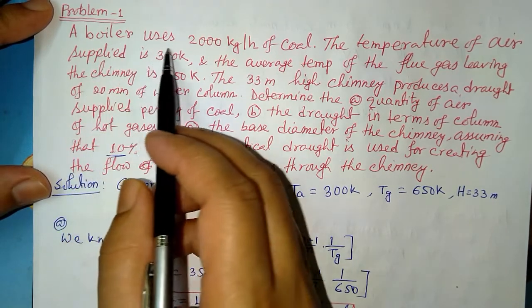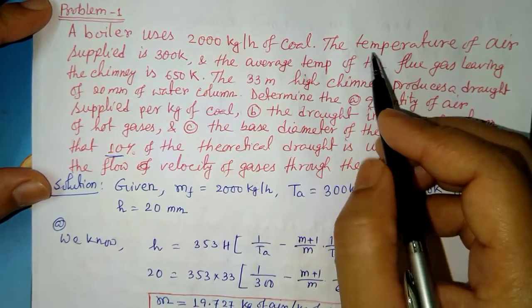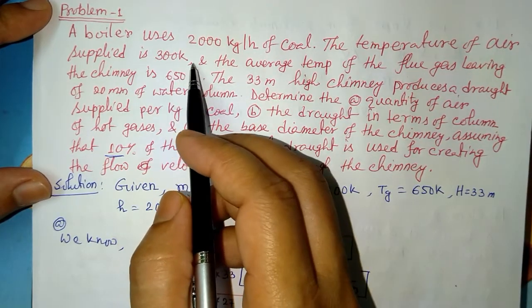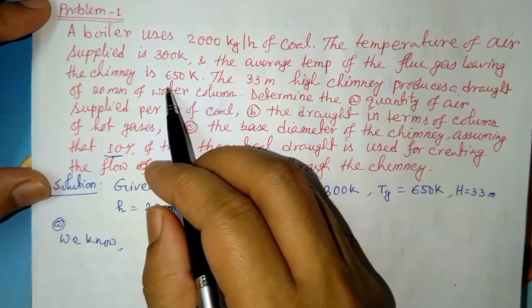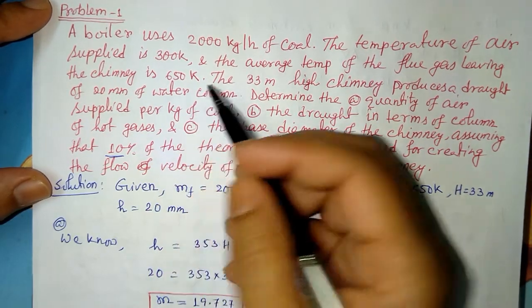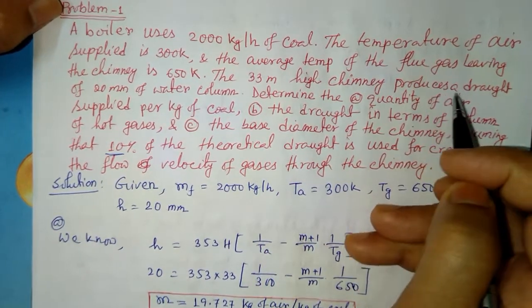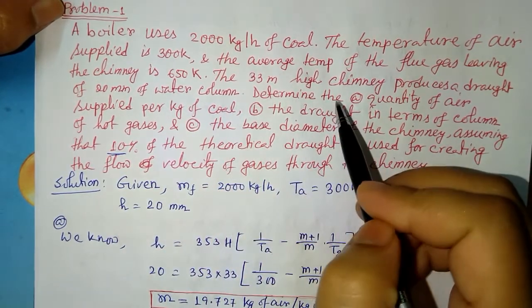A boiler uses 2000 kg per hour of coal. The temperature of air supplied is 300 Kelvin and the average temperature of the flue gas leaving the chimney is 650 Kelvin. The 33-meter high chimney produces a draught of 20 millimeter of water column.